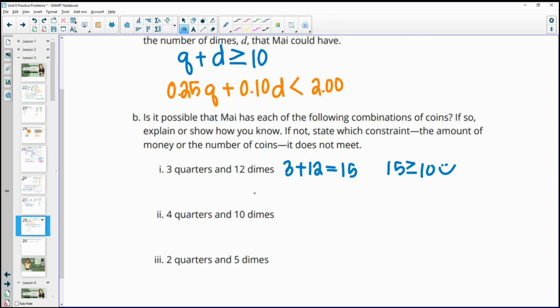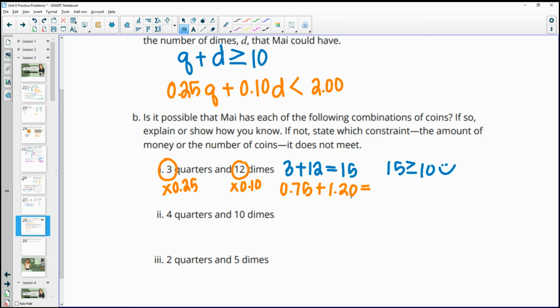Then we have to look at the value of each of these coins. So remember that we're going to take the quarters times 25 cents. So this is giving us 75 cents in quarters. And then we have 12 dimes. So we'll take that times 10 cents. And that gives us $1.20 in dimes.